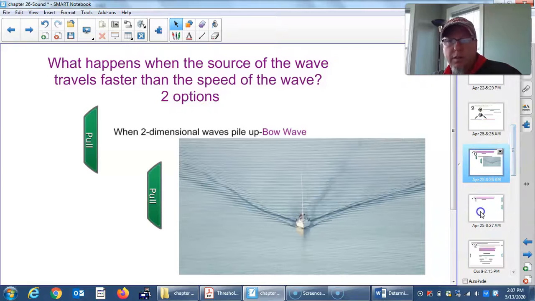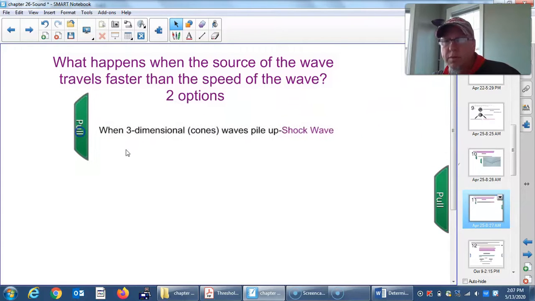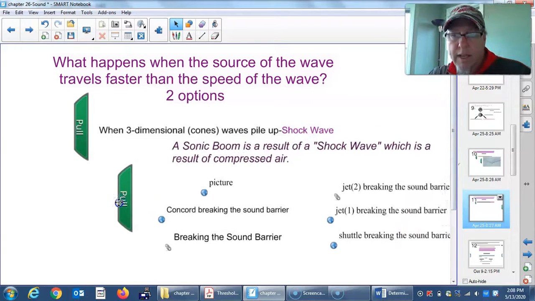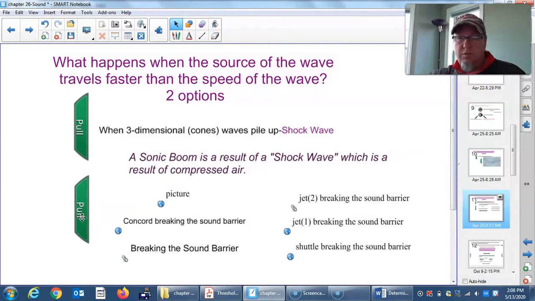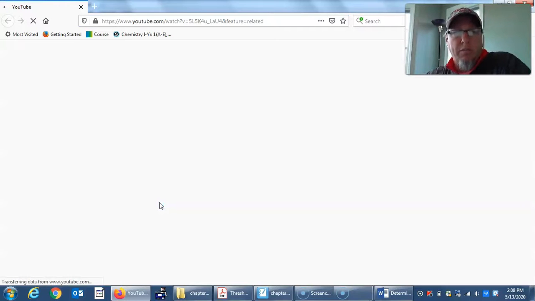If the source is faster than the wave, but it's three-dimensional, this is called a cone wave, also known as a shock wave. And a shock wave is when something goes faster than the sound wave. So here's an example of it in real life.